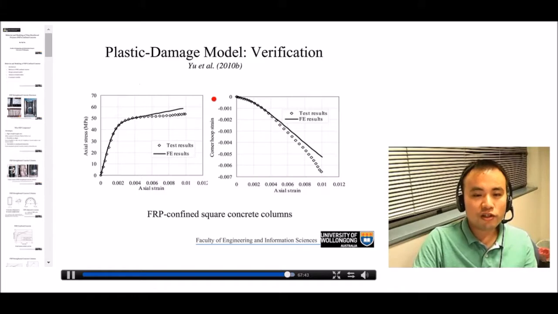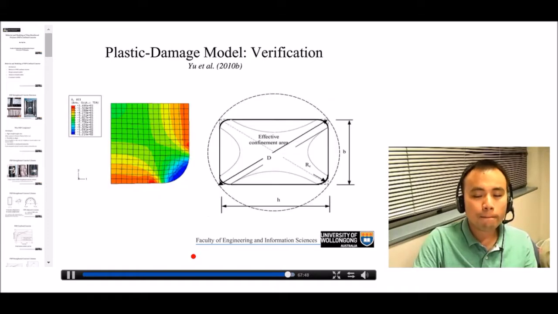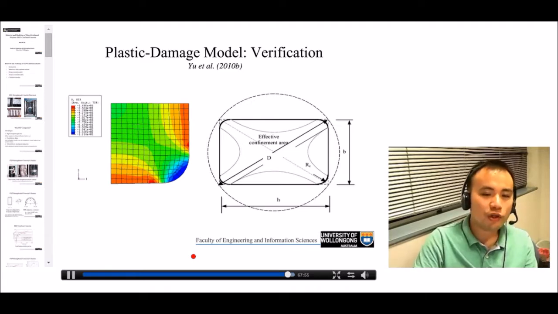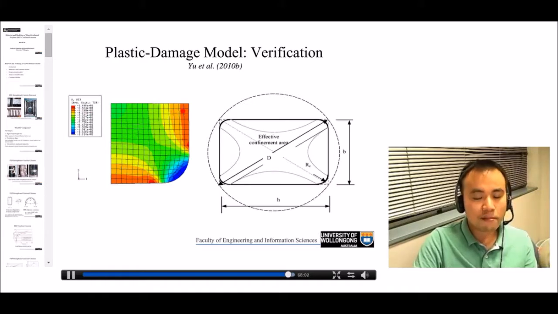And these are the predictions for FRP-confined concrete in square columns. Again, the predictions are very reasonable. Not only that, the beauty of the finite element model is that we can predict the stress distribution over the cross section. So this is the case for FRP-confined square columns. You can see the stress distribution.